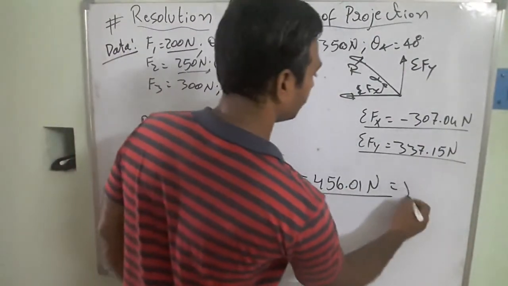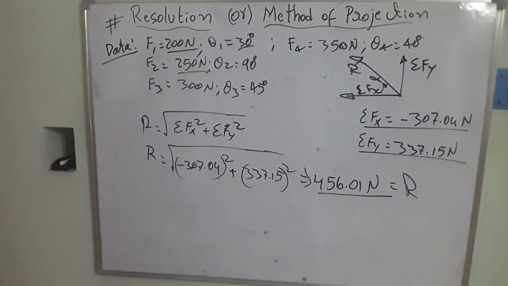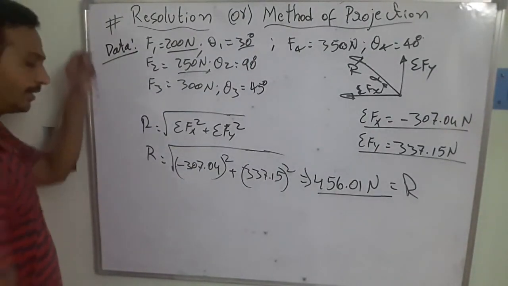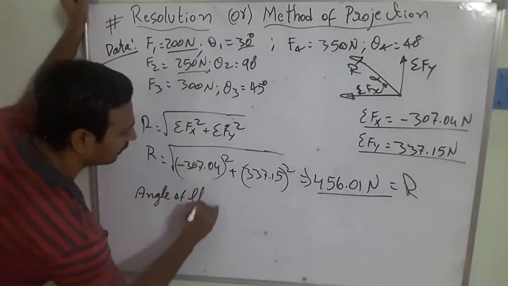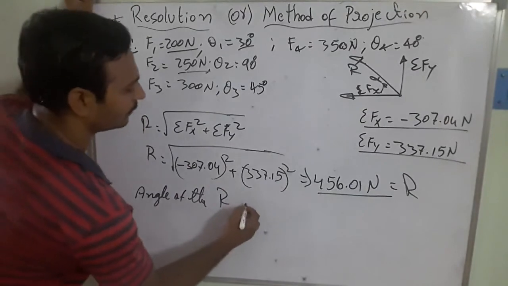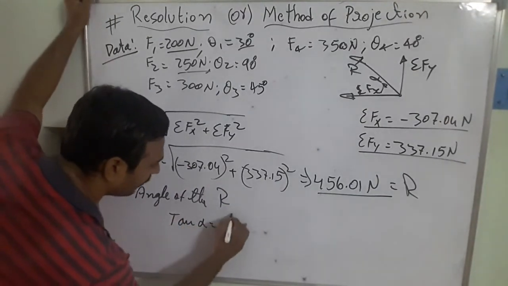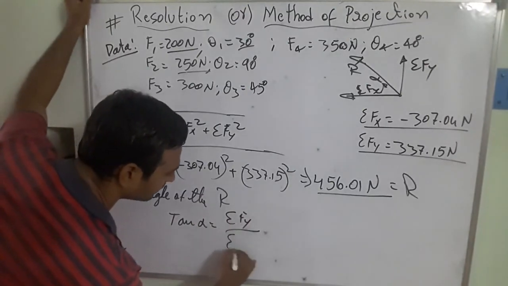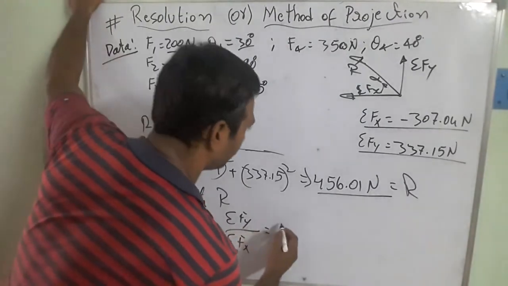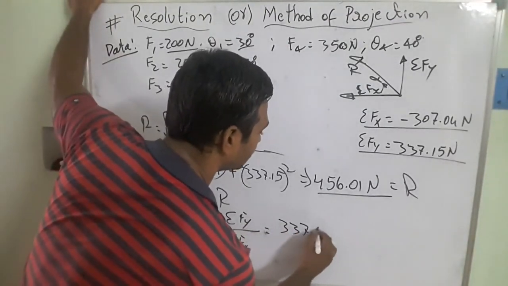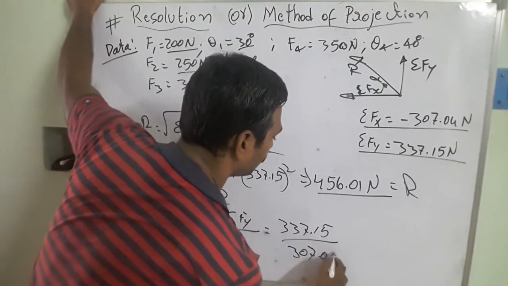This is the resultant component. Similarly, we can calculate the inclination with the horizontal, that means the angle of the resultant component with respect to the horizontal. Tan alpha is the summation of the forces in the vertical direction divided by the summation of the forces in the x direction, so sigma Fy is 337.15 by 307.04.